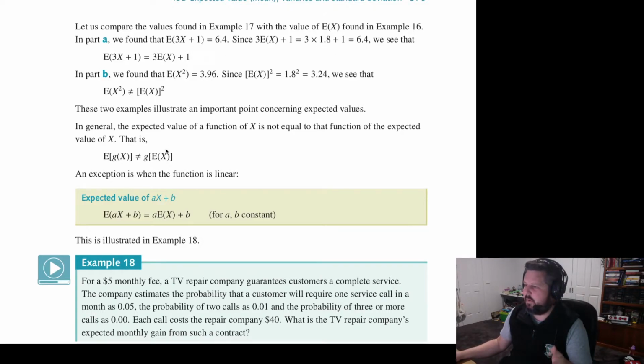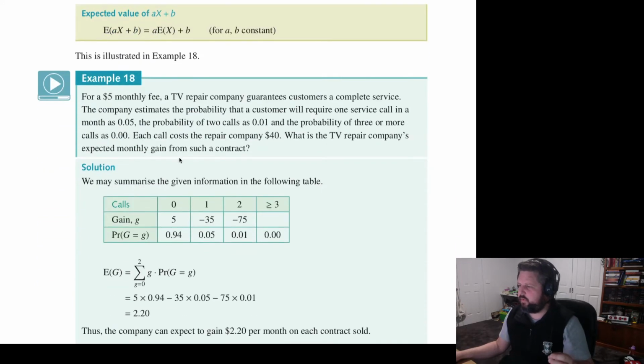That's where this rule comes into play: that constant value can be pulled out the front and you will still get the same value. However, please note that the expected value of x squared is actually different from the expected value of x and then squaring that. They are not equal to each other. That'll pop up a little bit later on as well, so just keep a note of that.